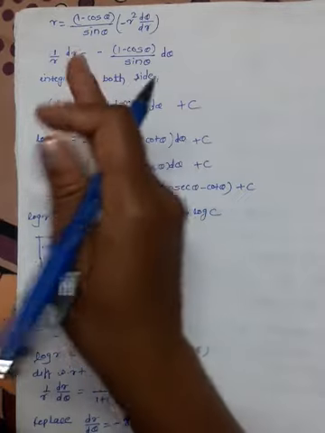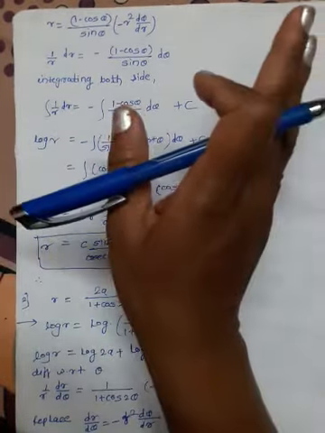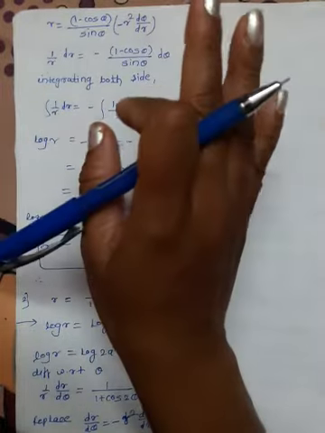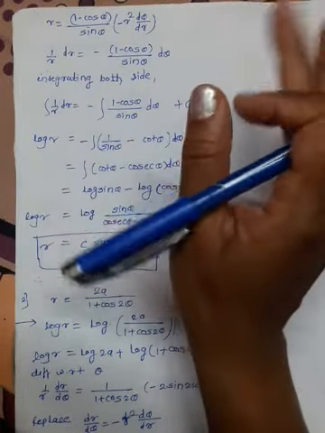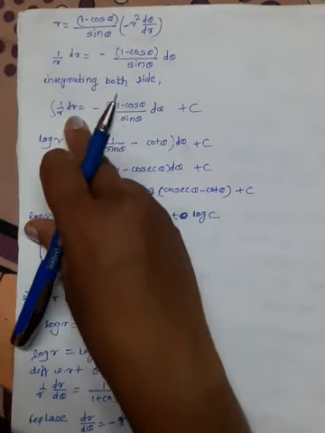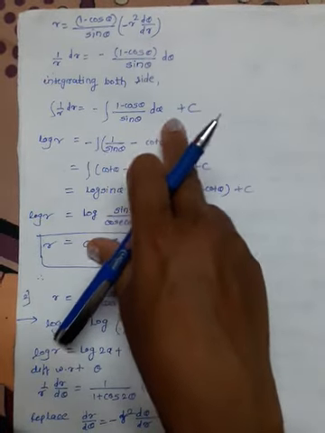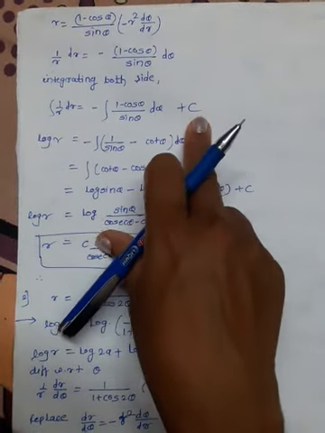On one side we are getting only r, on the other side we are getting only theta. That's why this is a variable separable form. We can easily integrate both sides. Integrating both sides, we get integration of 1 upon r dr is equal to minus integration of 1 minus cos theta upon sin theta d theta plus integration constant c.